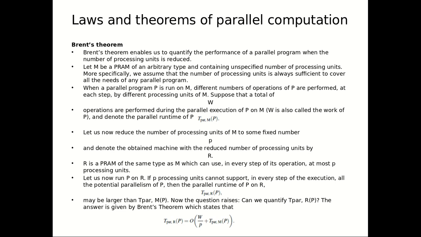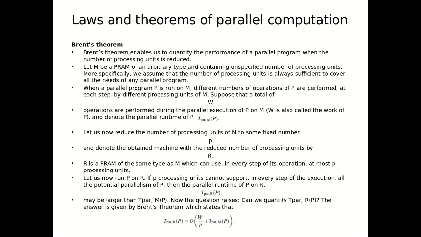When a parallel program P is run on M, different numbers of operations of P are performed at each step by different processing units of M. Suppose that a total number of W operations are performed during a parallel execution of P on M. Let's denote the parallel runtime of P. So the parallel runtime of P will be T parallel M of P.